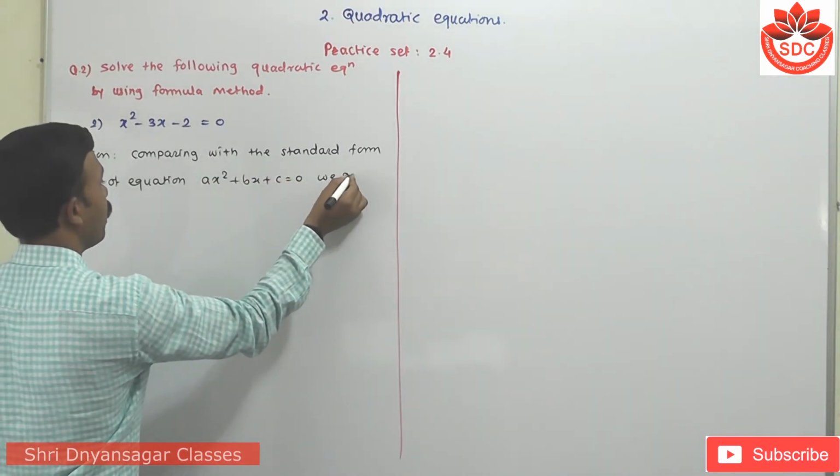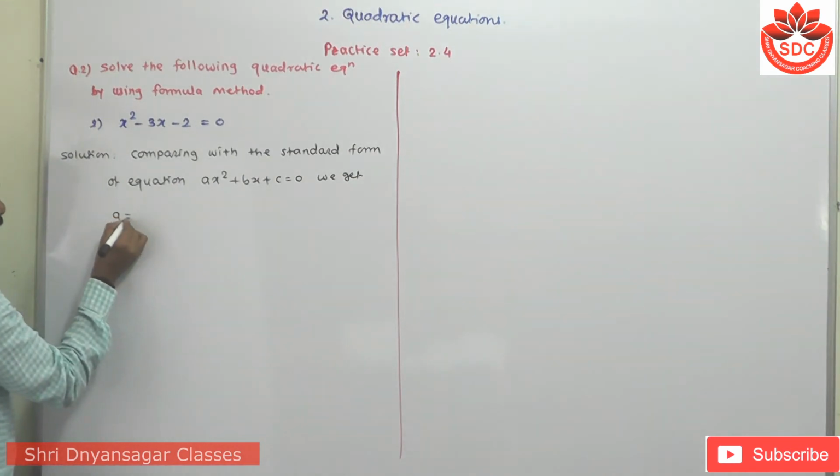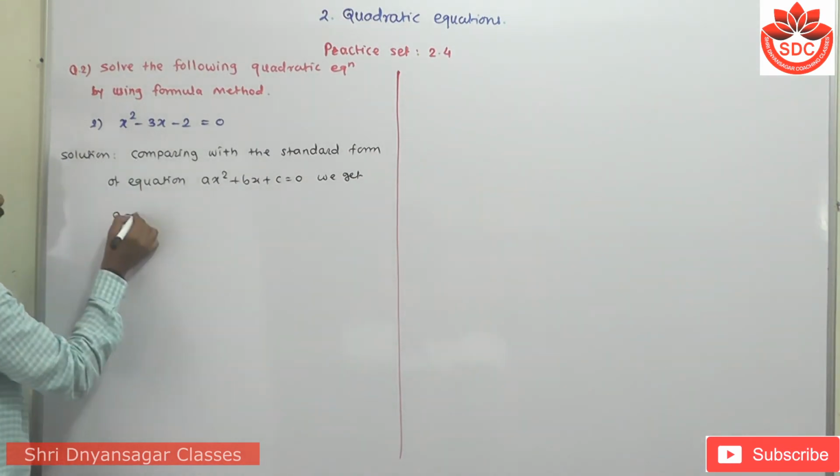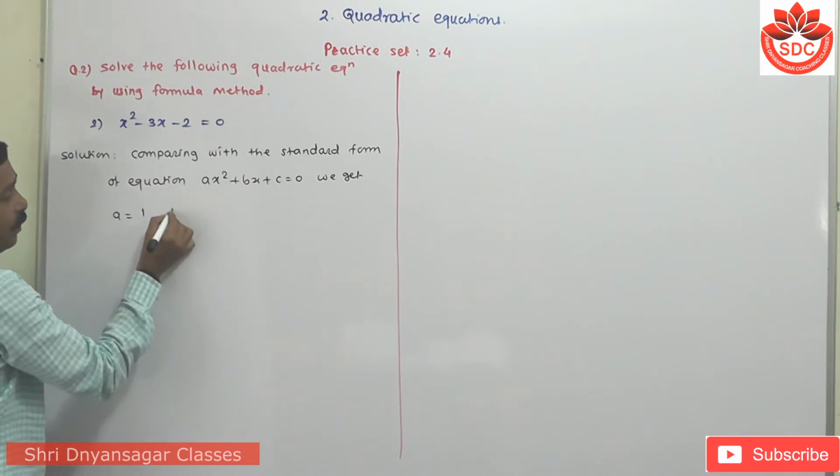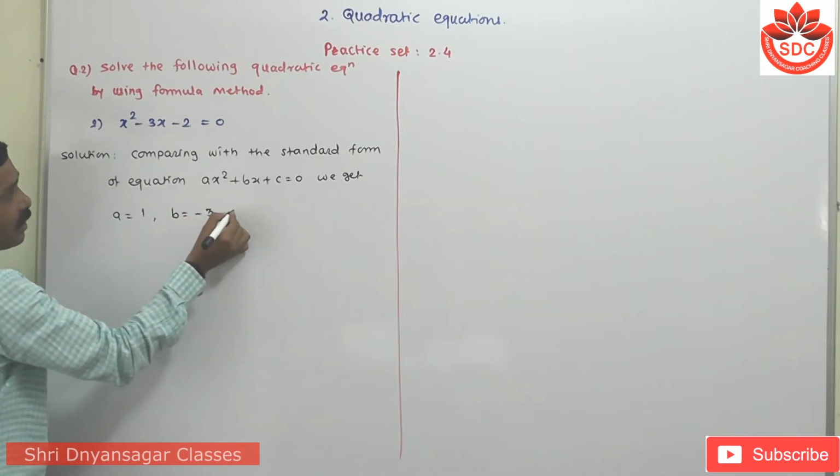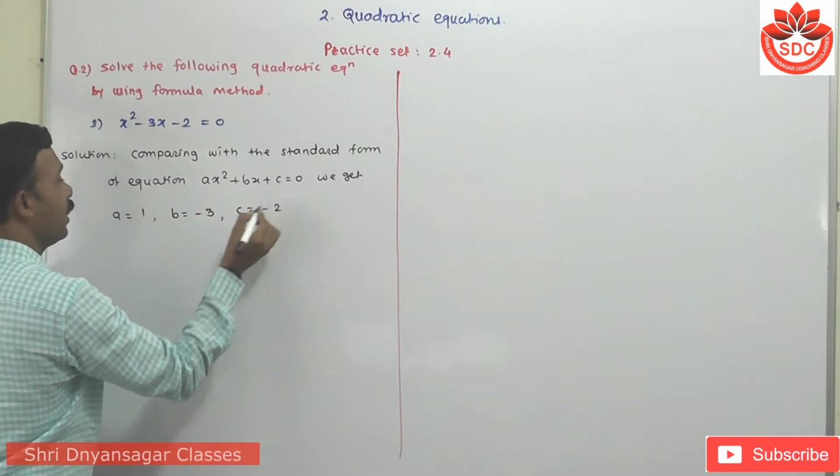We get the values of a, b, c. When we compare, a is 1, b is minus 3, c is equal to minus 2.